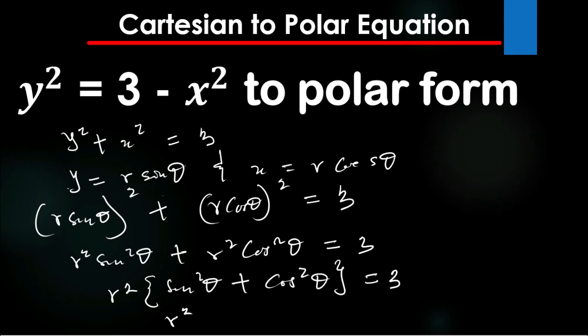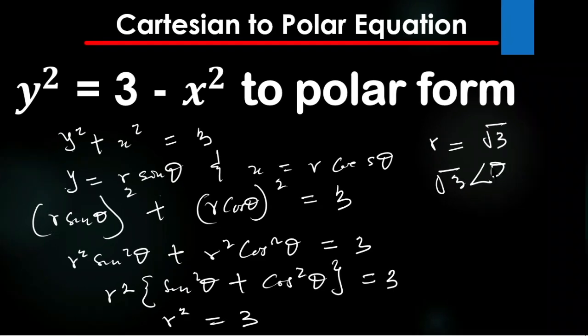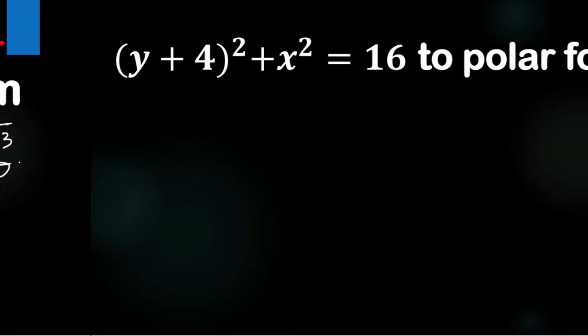So r squared is equal to 3. Finding the square root of both sides, r is equal to root 3. At this junction, I can express my polar equation as r equals root 3 at an angle of theta.